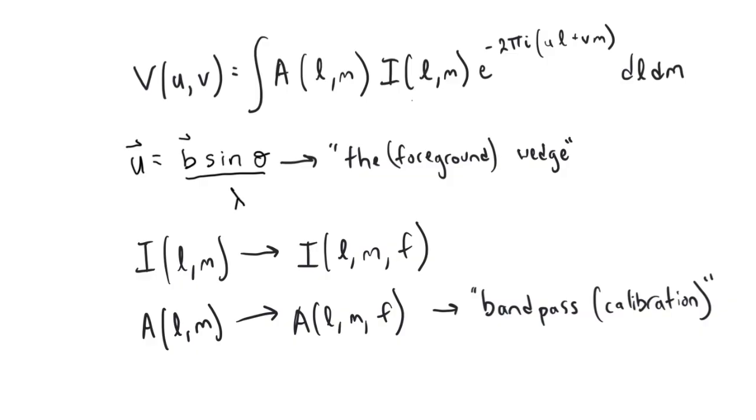One last piece of jargon I want to introduce is the word chromaticity, or chromatic. And this has crept into the literature as sort of an analogy with optical telescopes, where you worry about chromatic aberration, the fact that different wavelengths of light have slightly different paths through the telescope optics.